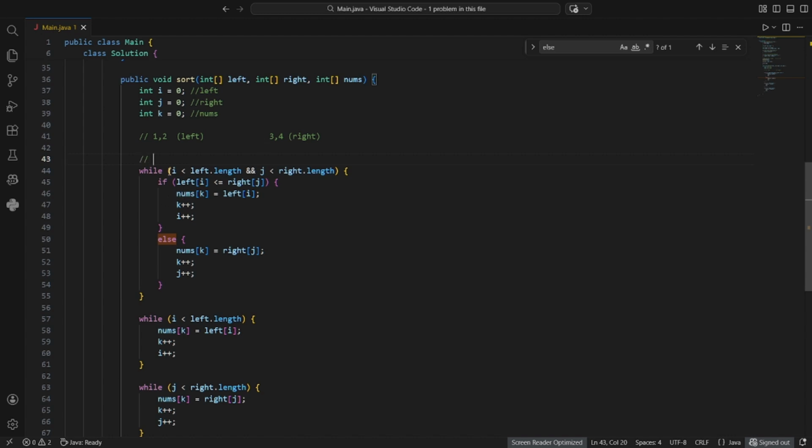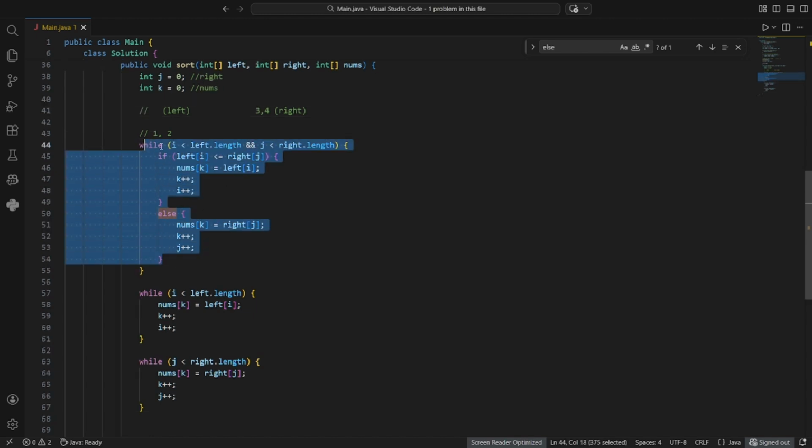Basically, I left is smaller than 3, 1. Then we're going to cross this out. We're going to look at 2 and 3, right? 2 is obviously smaller than 3. We're going to put 3. You may have realized now I, which is the left part, is now basically 2, which is left length, which now we're going to break out of this part.